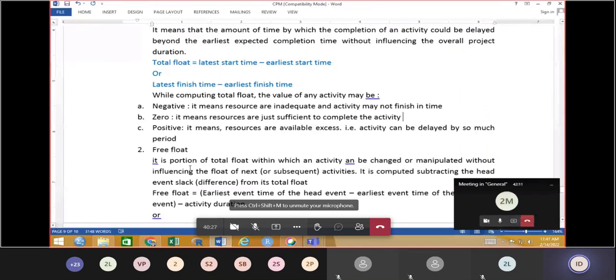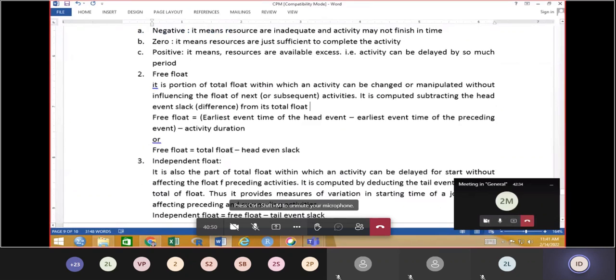Free float is a portion of total float within which an activity can be changed or manipulated without influencing the float of the next or subsequent activity. It is computed by subtracting the head event slack from the total float.